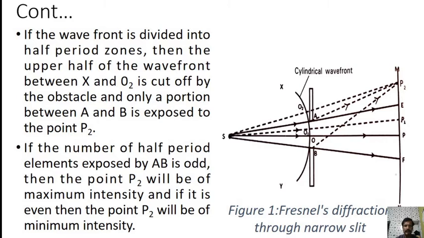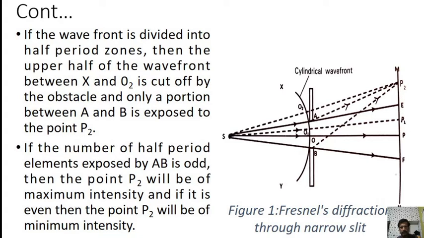If the wavefront is divided into half-period zones, then the upper half of the wavefront between X and O2, look at X and O2, is cut off by the obstacle. Look at the obstacle AB. That portion XO2 is cut off by the obstacle, and only the portion between A and B is exposed to the point P2.